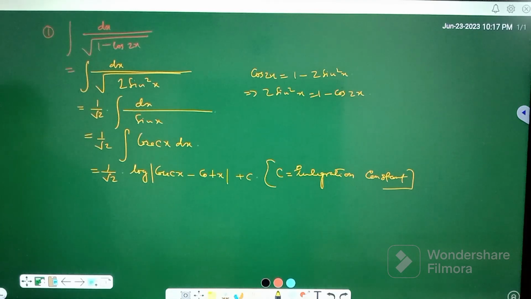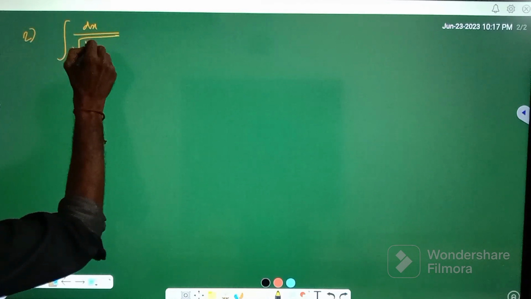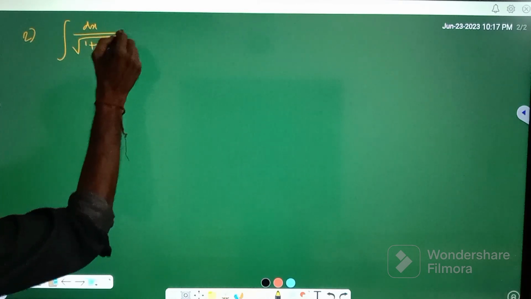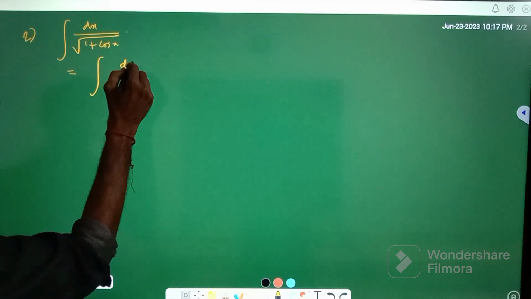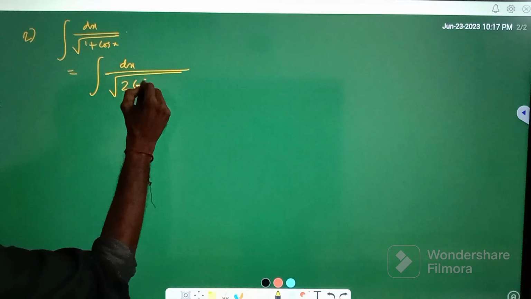Our second problem is something like this: dx by root under 1 plus cos x. Similarly, we can write that 1 plus cos x will be 2 cos square x by 2, right?